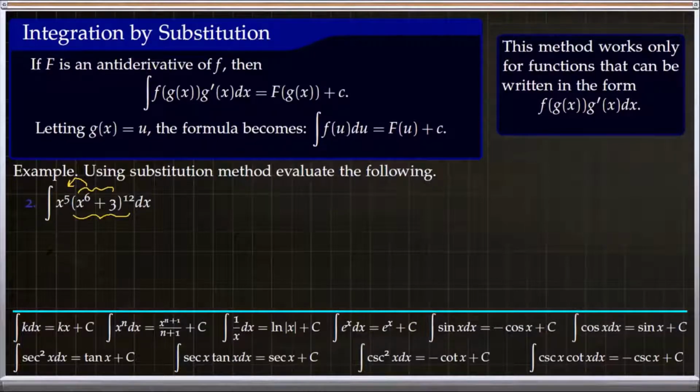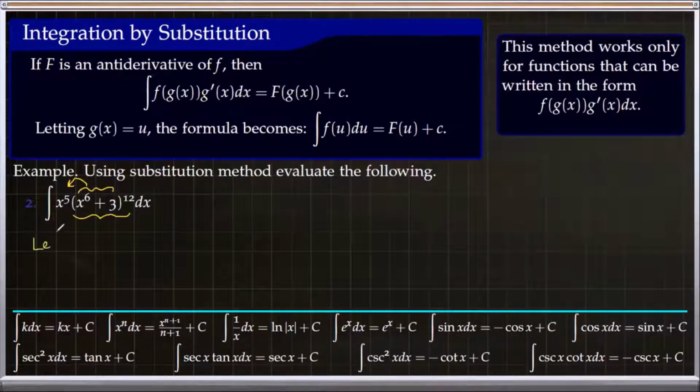So the integration by substitution should work. And if you are not sure if it will work or not, you can start by letting u equals the inside part. And then as you work along, you will see if it's not going to work. So you will get into some problem if it is not going to work.